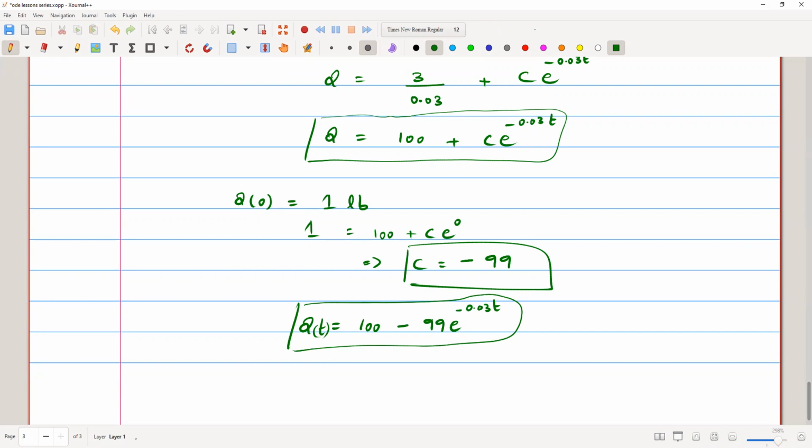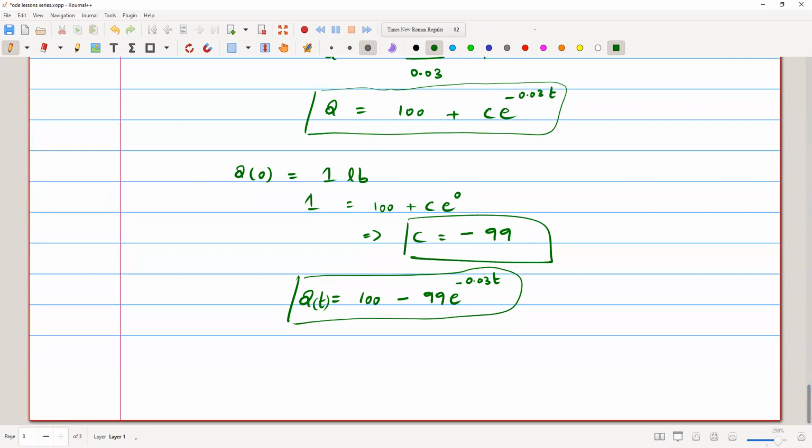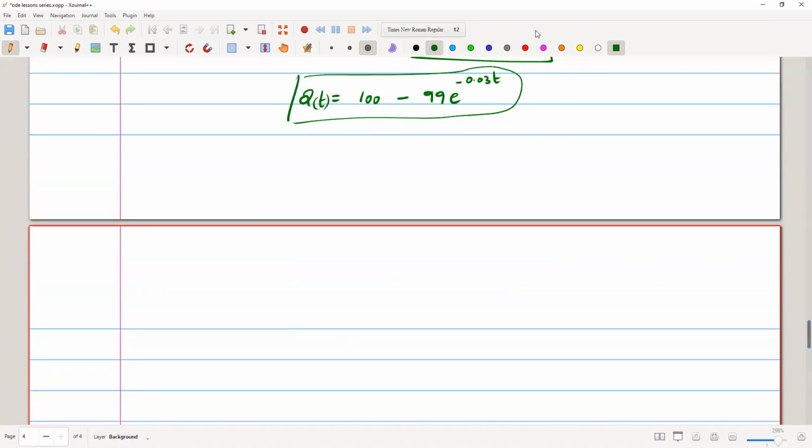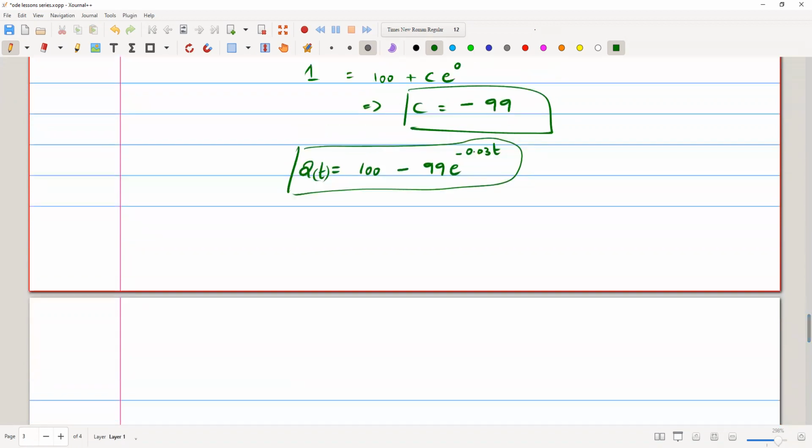So now the second thing we need to find is the time at which the mixture in the tank contains 2 pounds of salt. So this is the tank, and initially we said that the tank brine solution contains 1 pound of the salt, but now we need to find the time at which the brine will be containing 2 pounds of the salt.